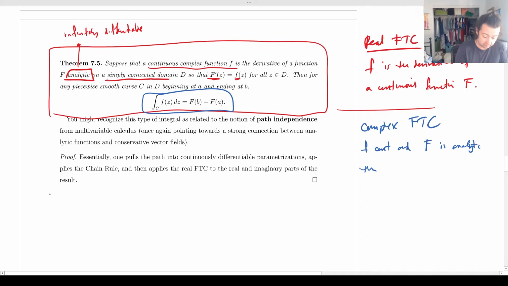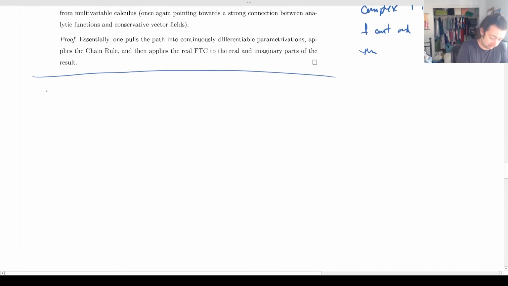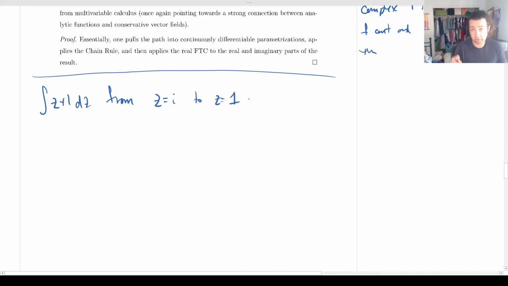So recall that we had the integral of z plus 1 dz from z equals i to z equals 1 on a straight line path. So we started here at the point i, and we ended at a point here at 1.